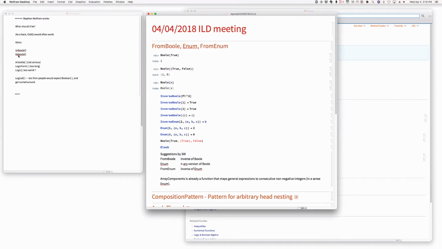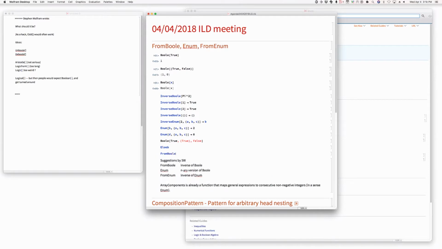Debool. I think debool is much more obscure even than inverse bool. Any other thoughts here? Bool. That's not crazy. Might be better than inverse bool.